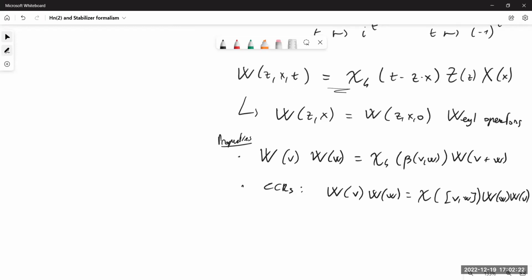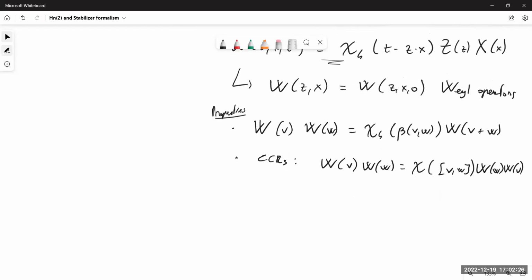Okay, and then here you have the Stone-von Neumann theorem: two E-reps that agree on the center. It's the same story.